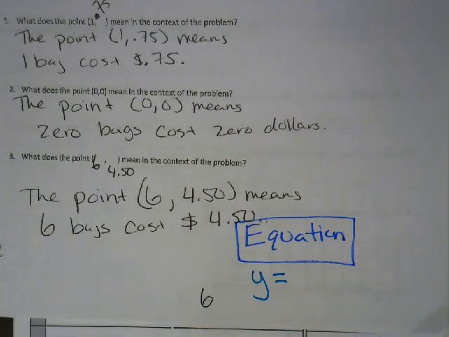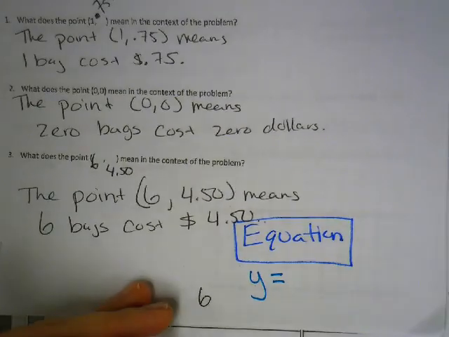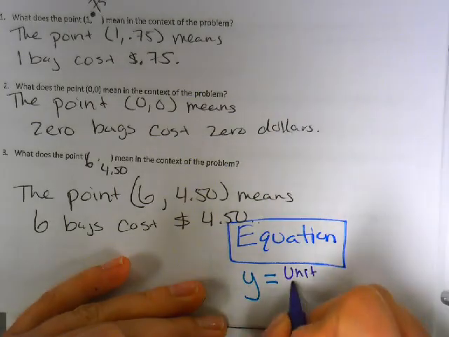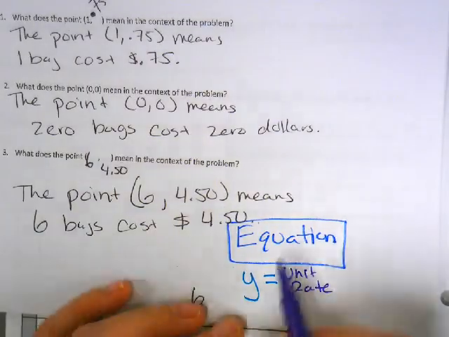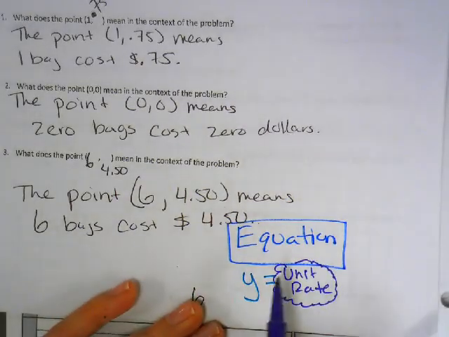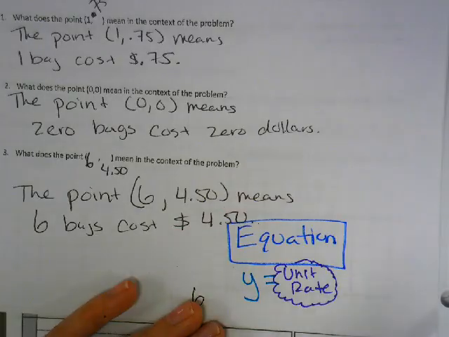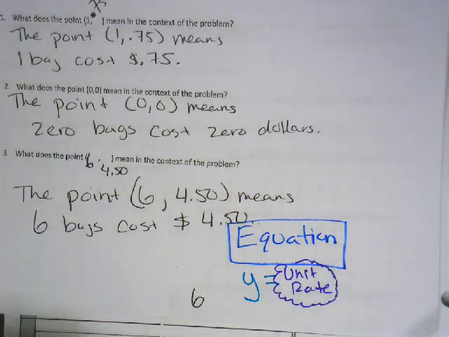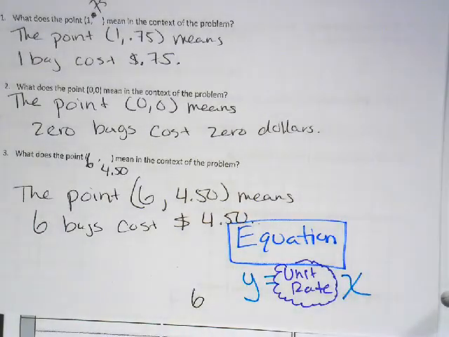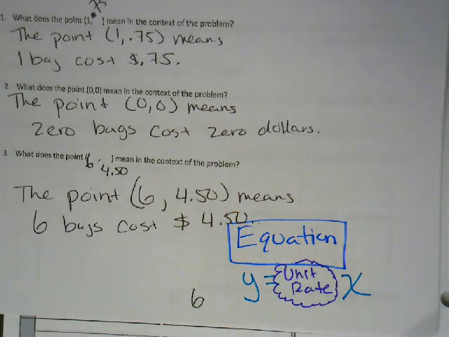Fraction. Okay, your unit rate. So your equation is built off of y equals unit rate x. Now, write it down. It changes in 8th grade, but in 7th grade all equations are built upon y equals unit rate x.